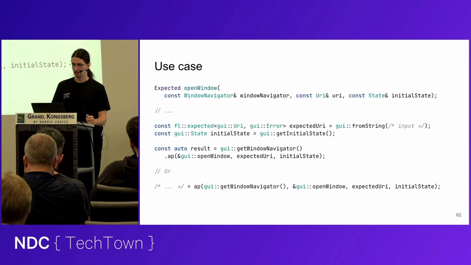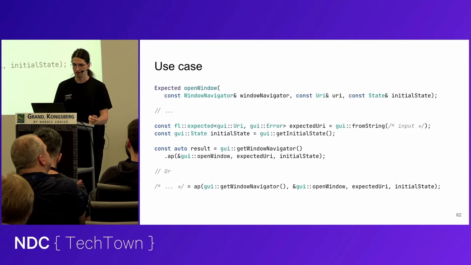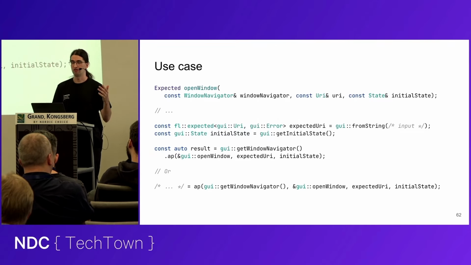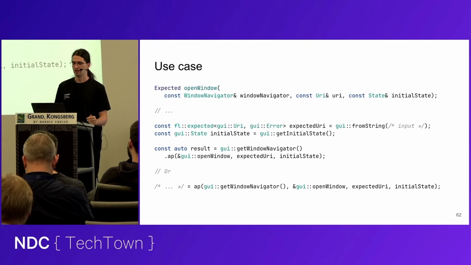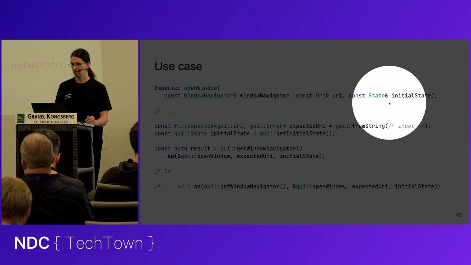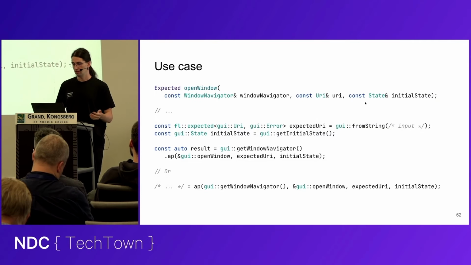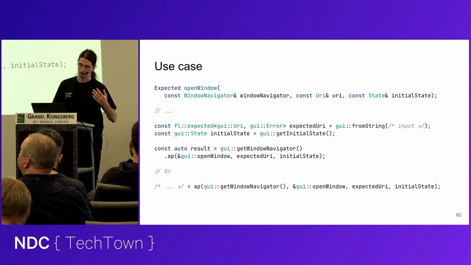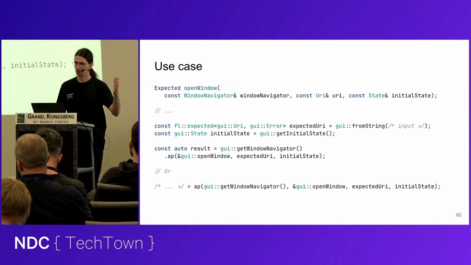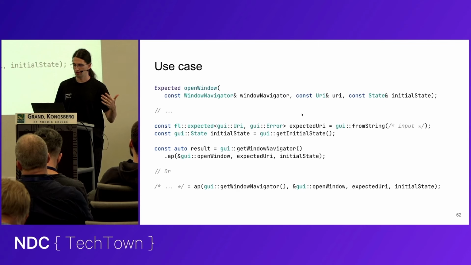The use case for it is this: imagine that we have a function like opening a window, potentially from our window navigator from the previous example. We have the window navigator used to open it, we have a URI, and we have some initial state. So in this code, we get the URI from some place, like from raw input, for instance. So from a string, and it means that our URI can fail, right?